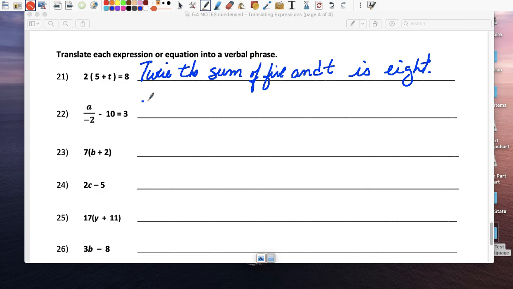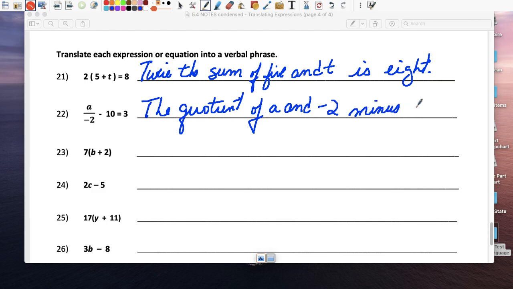What is this? The quotient, right? So we're seeing division, so we can write the quotient of a and negative 2 minus 10 is 3, or equals 3. That's up to you.